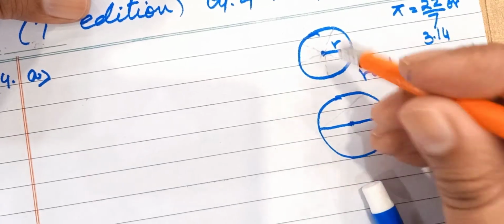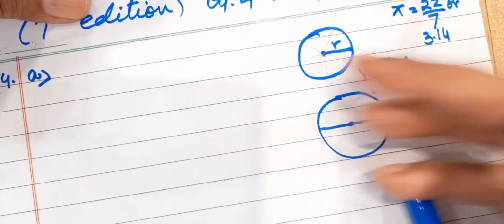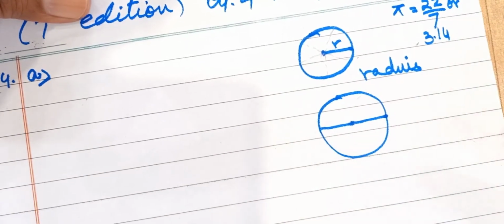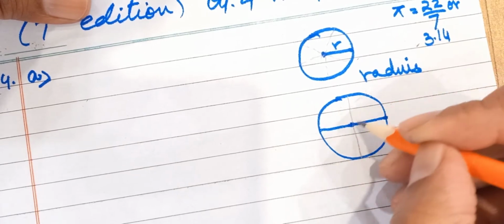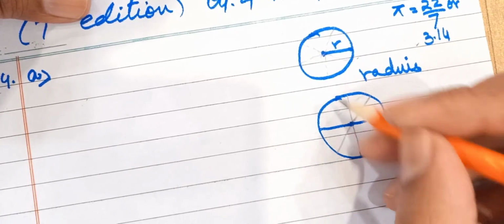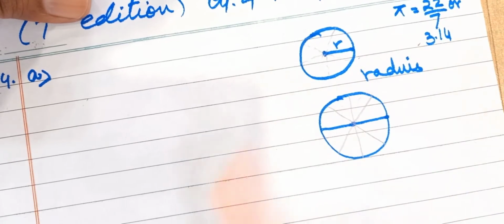All the lines which pass through the center of the circle and reach the other side of the circle are diameters. This is diameter, this is diameter, this is diameter, and so on.